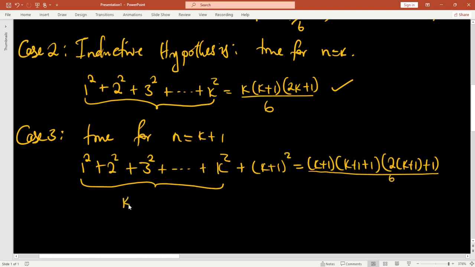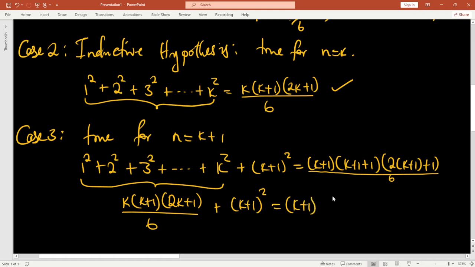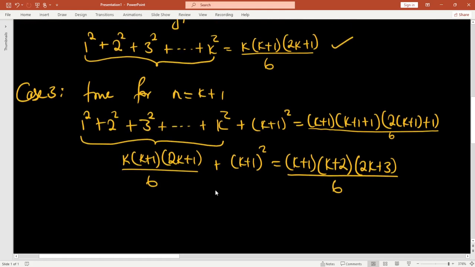So here we have k(k plus 1)(2k plus 1) divided by 6 plus (k plus 1) squared equal to, then this side we're going to have (k plus 1), here that's going to be (k plus 2), and there we're going to have (2k plus 3), so we have (2k plus 3) like this here, divided by 6 here. Now, this side here, we're going to make this a single fraction.